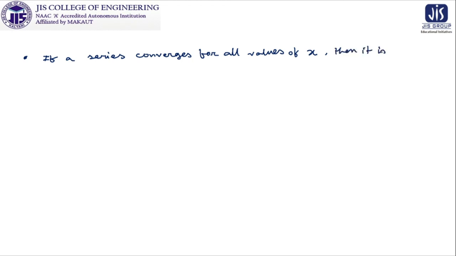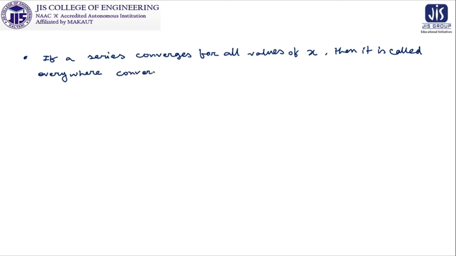The first one is that if a series converges for all values of x, then it is called everywhere convergent.